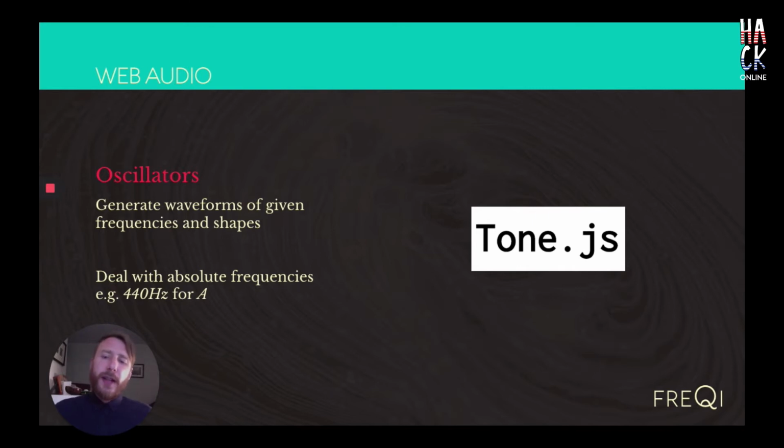But Tone.js and P5, they're great at allowing you to sequence, and they are really useful if you want to just pump in some notes, giving the notes or determining the notes by their letters. But they don't necessarily do some of the things that I wanted to do. So I kind of got to that point where I didn't really know how I was going to achieve what I wanted without having to make something.